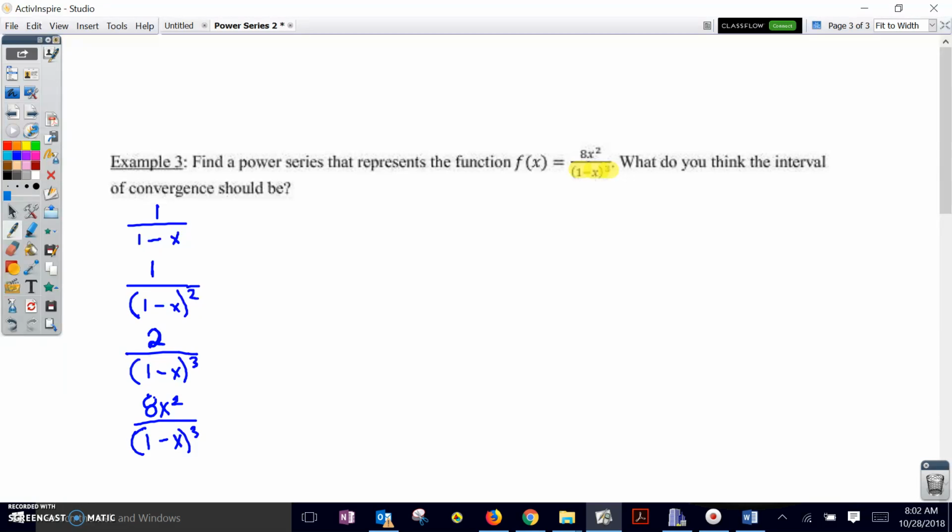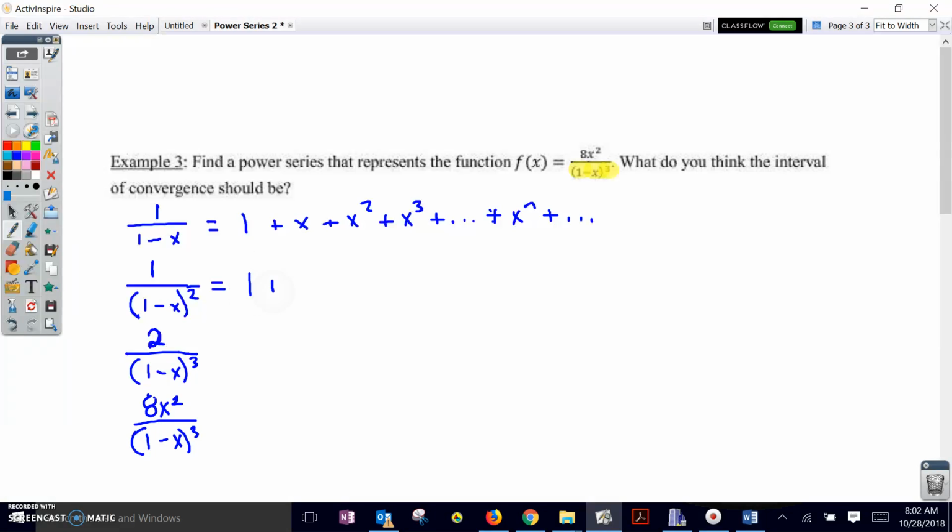And that's going to give me the series for 8x squared over 1 minus x to the third. So here we go through this process. We start with our original series. We take the derivative of that to get the next series.